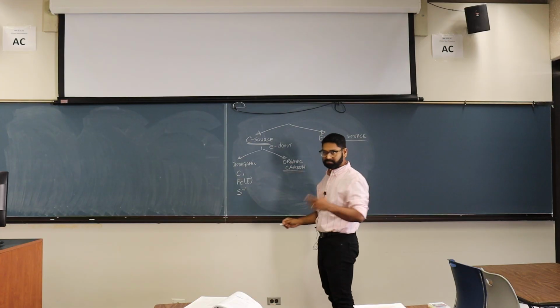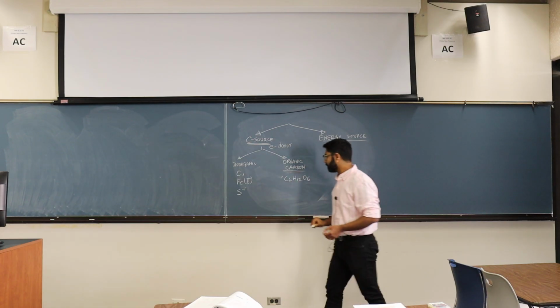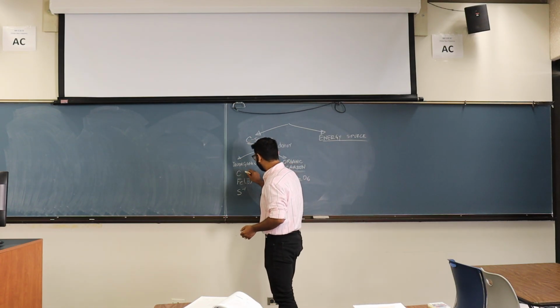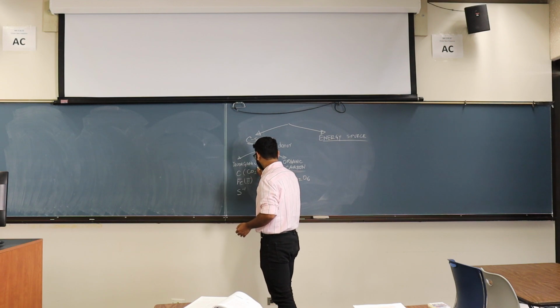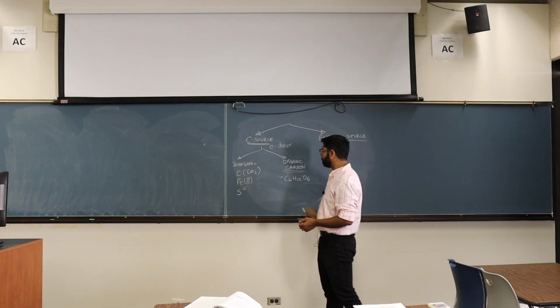Here, it's very simple, the organic carbon. This is typically the sugar, right? And what is the inorganic carbon? Typically the carbon dioxide, correct? So depending on the carbon source, you have two types.